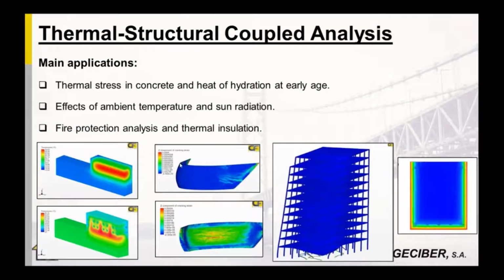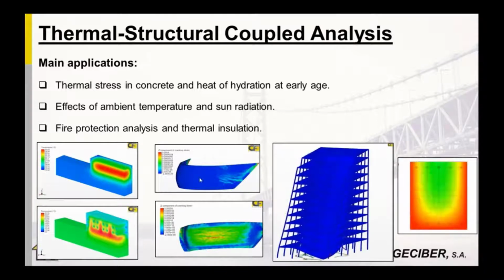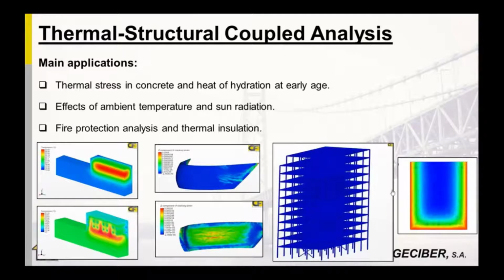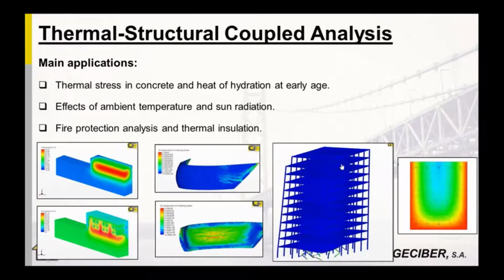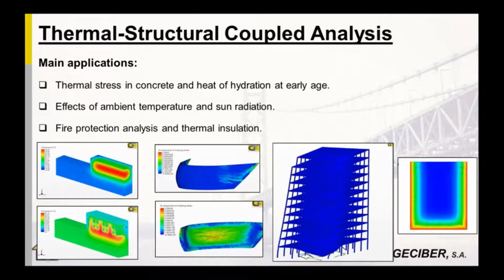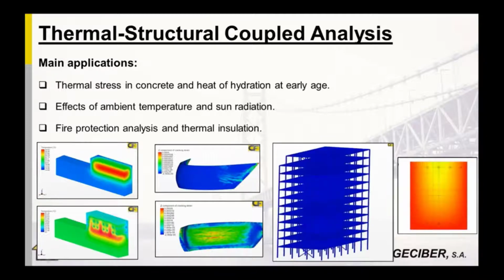This model is a dam with only ambient temperature, and these are two fire analysis models. So these are main applications that could be used for this thermal structural coupling analysis.